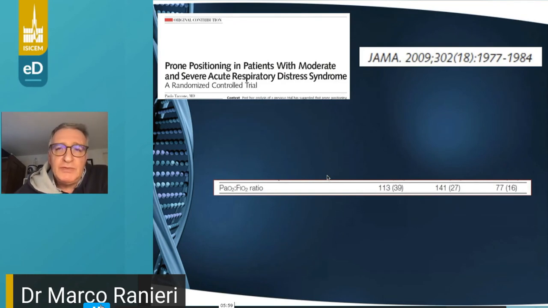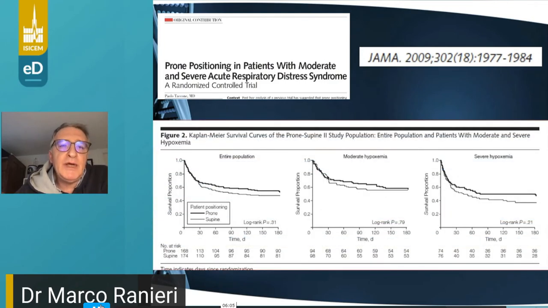Again, in 2009, now we're approaching the new millennium, a randomized controlled trial performed by Luciano Gattinoni showed in the entire population no difference between prone and supine positioning.